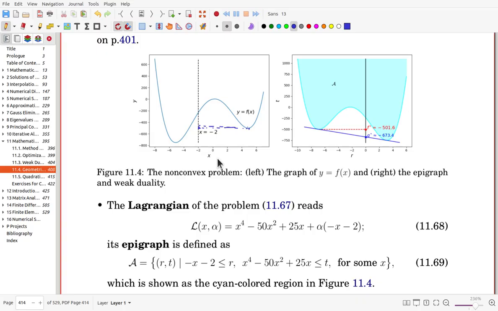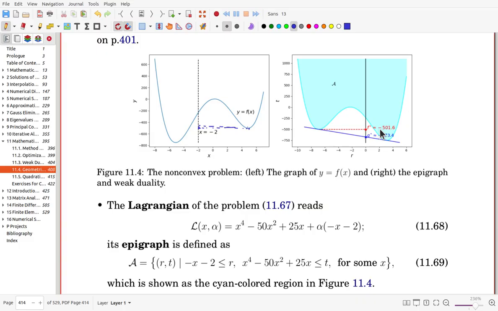The g star is now the maximum, the largest intersection of supporting hyperplanes, in this case lines. So among every possible line in the supporting lines, now this is the line, and the largest intersection, that is g star. Okay, that is way smaller than f star. So for this problem, the strong duality doesn't hold. So that is one example.